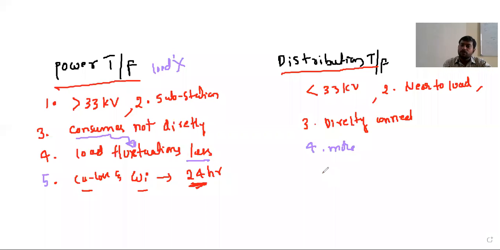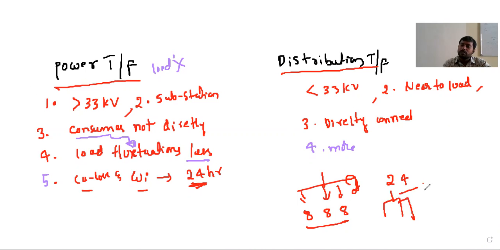Nothing but if you take 24 hours, 8 hours, 8 hours, 8 hours, so this is 24 hours total duration. During the 24 hours, there are 3 streets. One power transformer is connected to 3 streets, 1, 2, 3. But the power supply is available only for 2 streets.